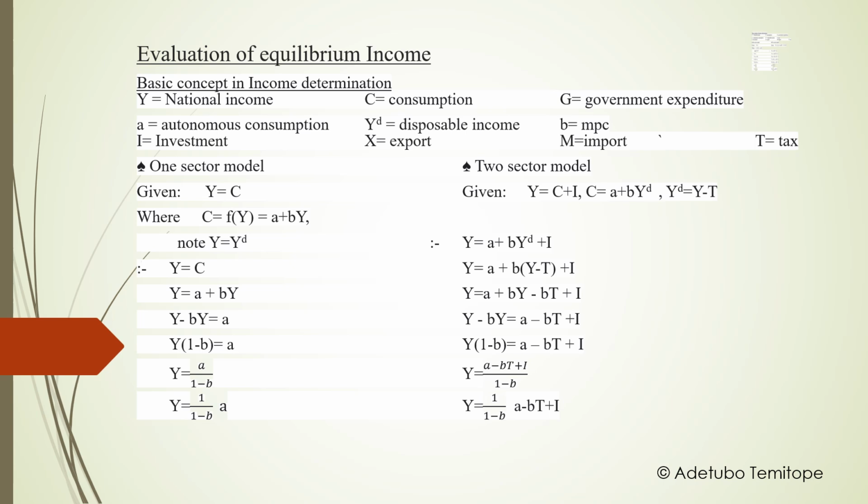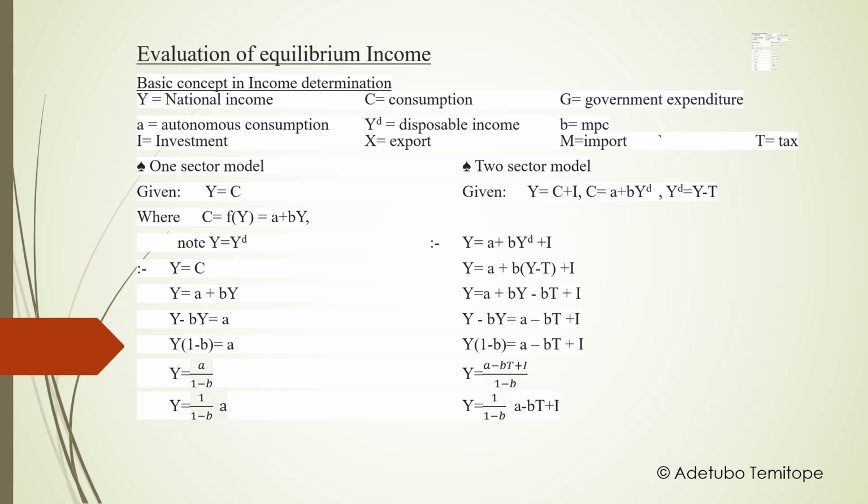We said in a one sector economy, Y equals what? C. And our consumption function is given as A plus BY. That means your autonomous consumption plus your BY. B is the MPC, the marginal propensity to consume. And don't forget, in a one sector economy, your Y equals what?